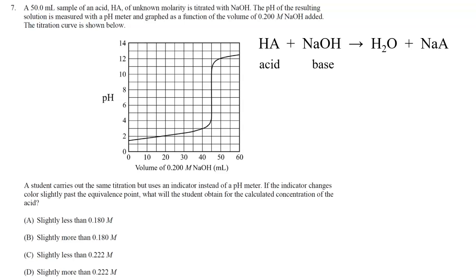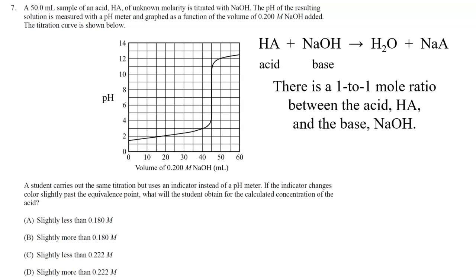So it's important to understand that in this very simple acid-base reaction, there is a 1-to-1 mole ratio between the acid, HA, and the base, sodium hydroxide. So that 1-to-1 mole ratio will be important when we do our calculations to answer question 7.